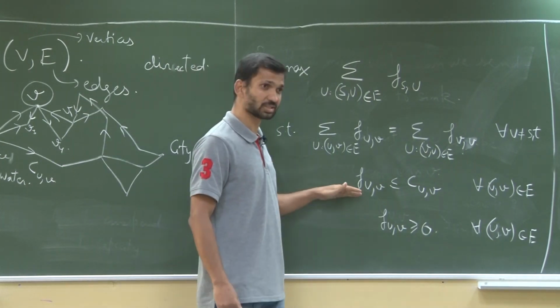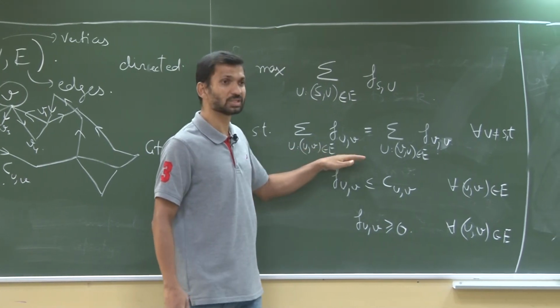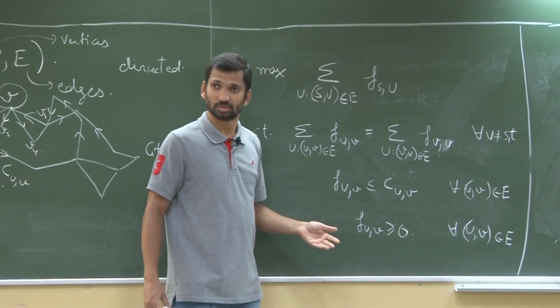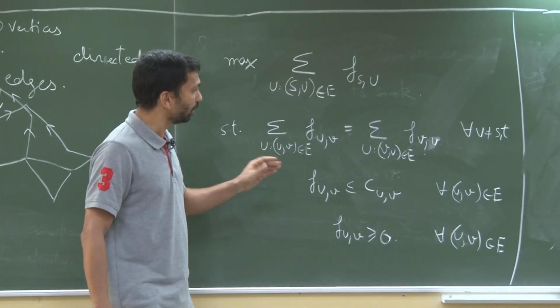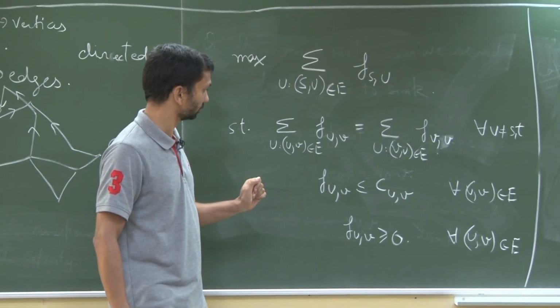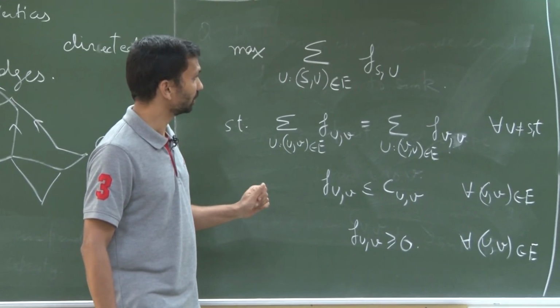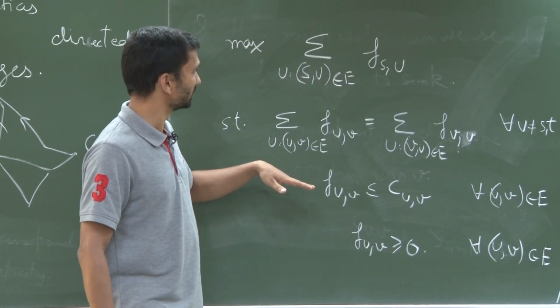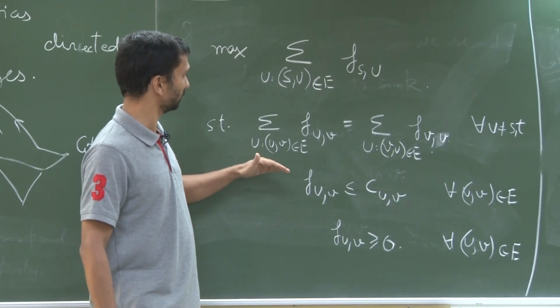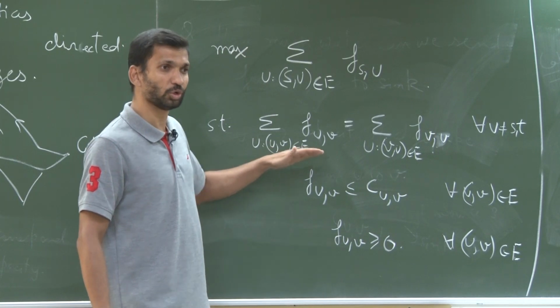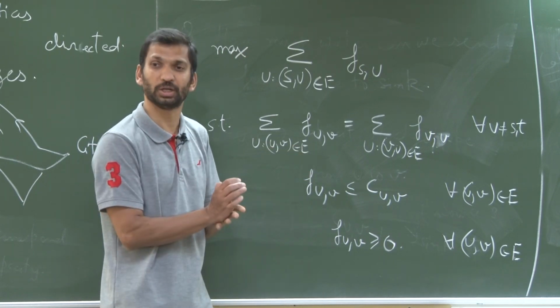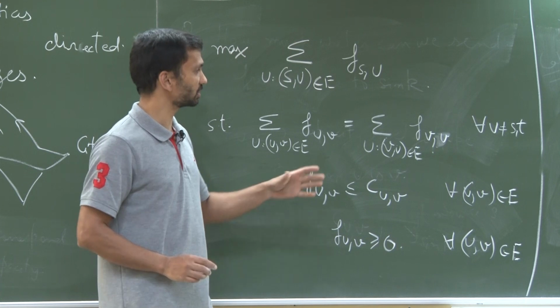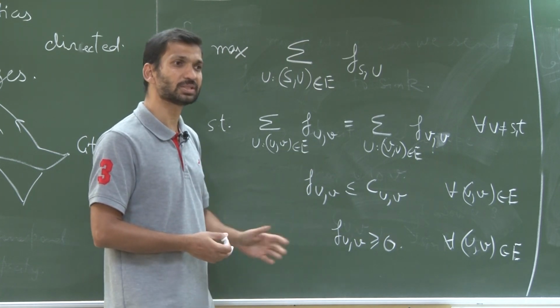So number of edges plus number of vertices minus 2, correct? And now, since it seems weird that we don't have flow constraints for S and T, it feels like a non-uniform kind of problem, right? So there is a small standard trick to make this uniform.